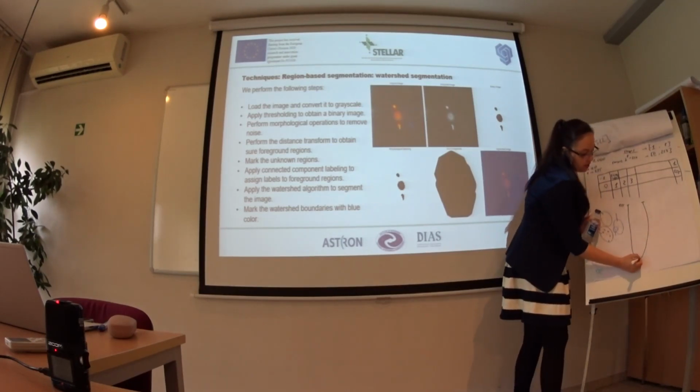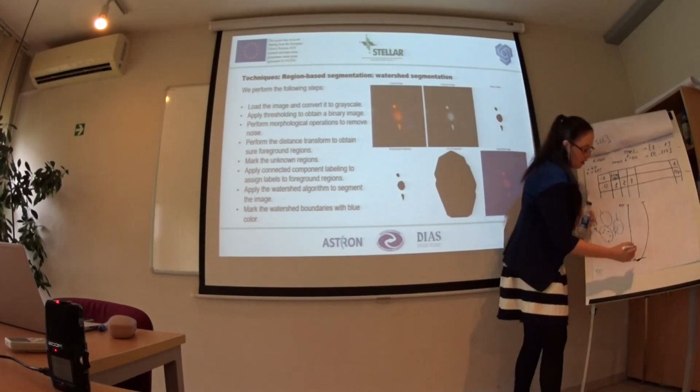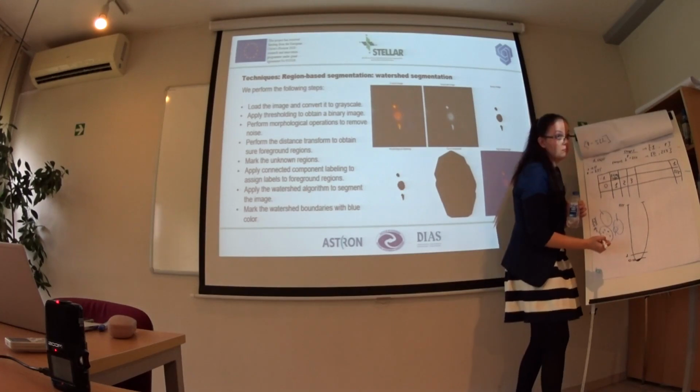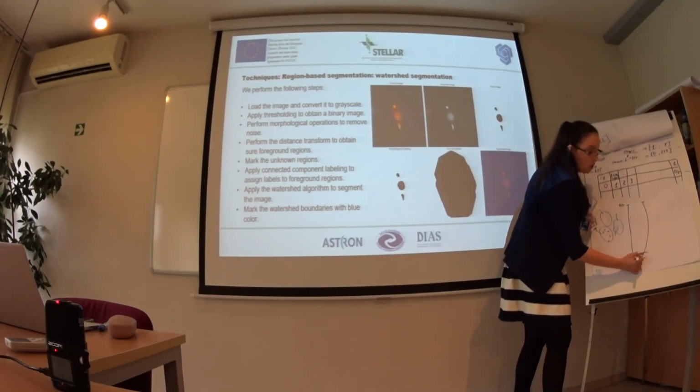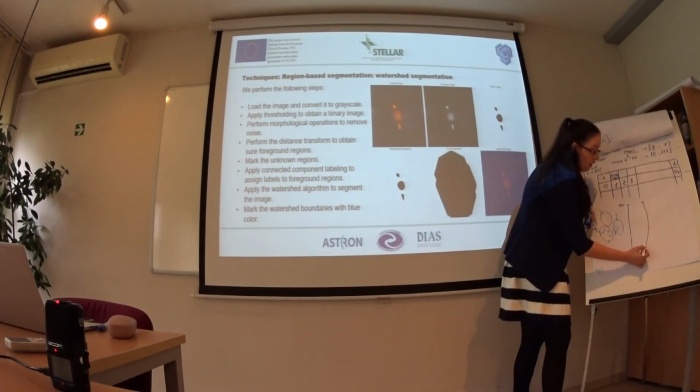You will start, and if you find 0, you will have a small quantity of water. If you find 1, you will have more water, right? And you will have more and more.